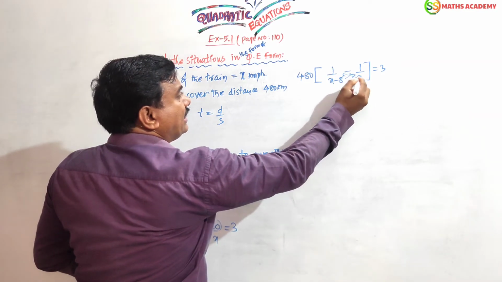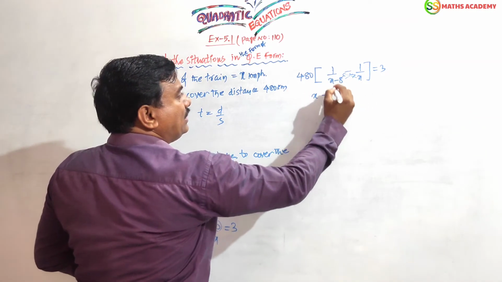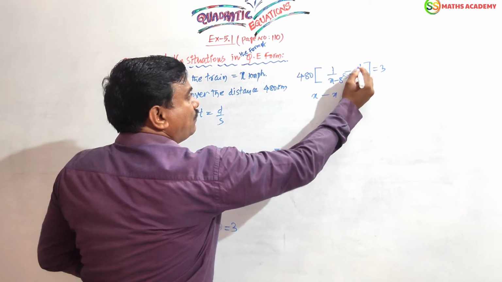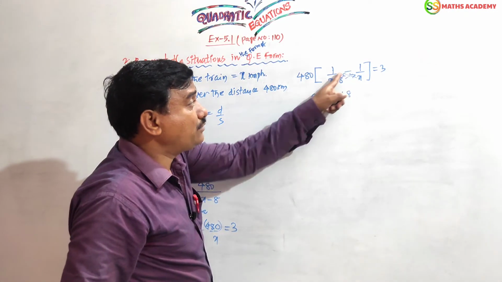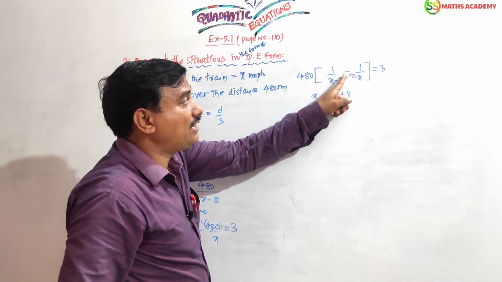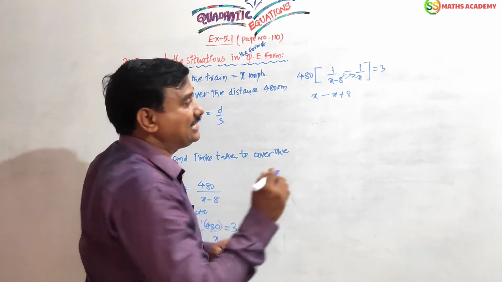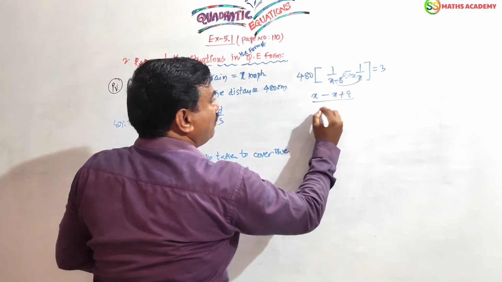Cross multiplication: x into 1 is x, 1 into x is x. Here 1 into minus 8 is plus 8. Very important here: minus 1 into x, and minus 1 into minus 8 is plus 8. Don't write minus 8.